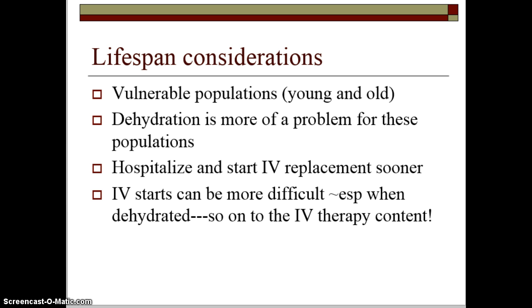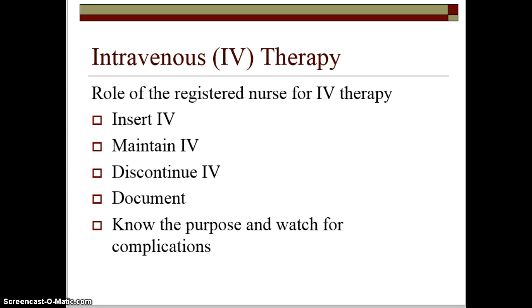They have loss of muscle tissue, and it sets them up to be higher risk for having problems for fluid volume deficit and overload. IVs on both of these populations can be more difficult to start, especially when they're dehydrated. So sometimes we will look at intraosseous types of IV maintenance to get them hydrated and out of trouble.